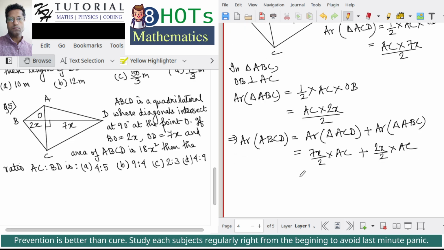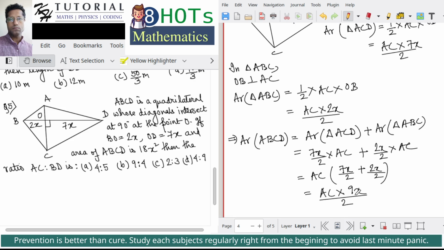We can take AC common, and we have 7x by 2 plus 2x by 2, which after simplification is 9x by 2.